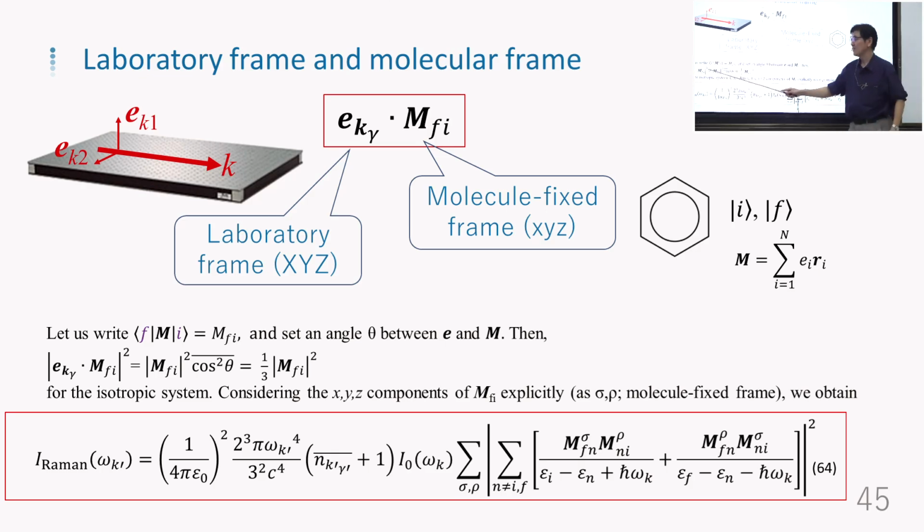And the average value of the cosine square theta is 1/3 in the case the molecule randomly distributes, in the case of isotropic distribution.